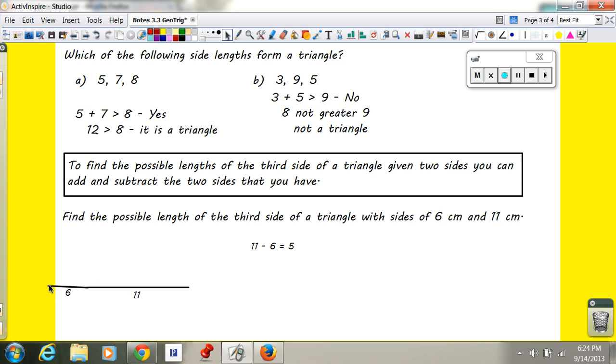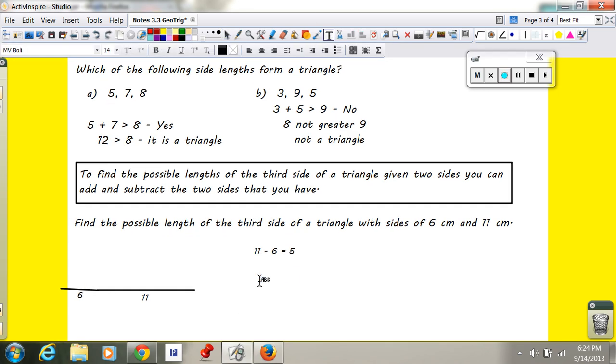If I was to connect this side with this side way over here, you might see that it's almost 6 plus 11. So you almost have 11 plus 6. But your triangle couldn't be greater than 17. If it's greater than 17, then it's going to be too long for these two sides. And it can't be less than 5, otherwise it won't stretch and reach.